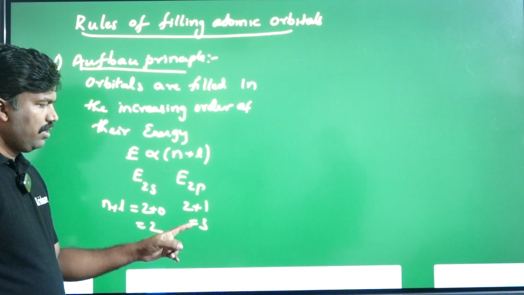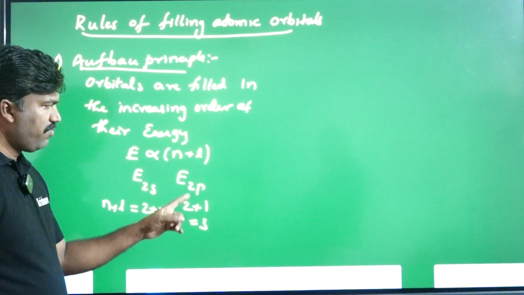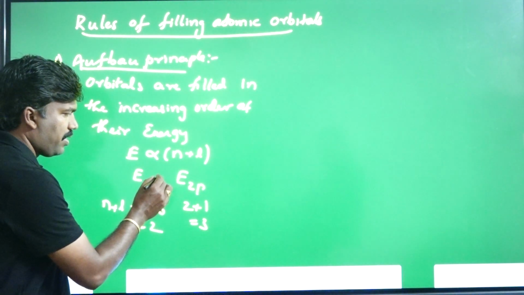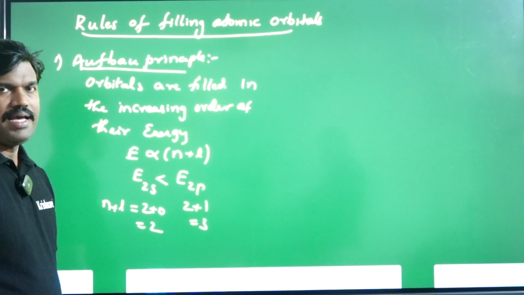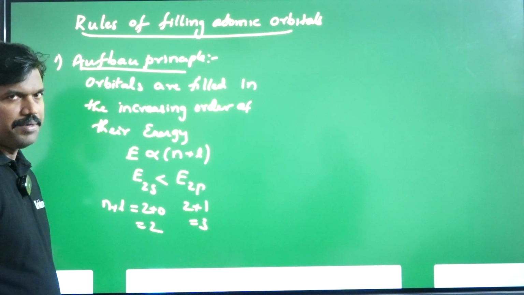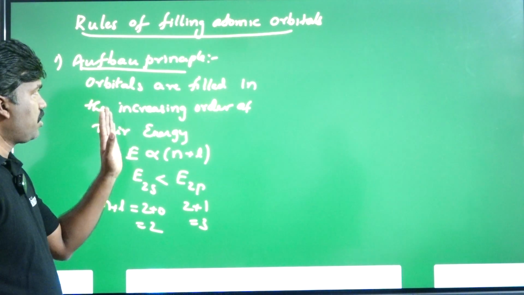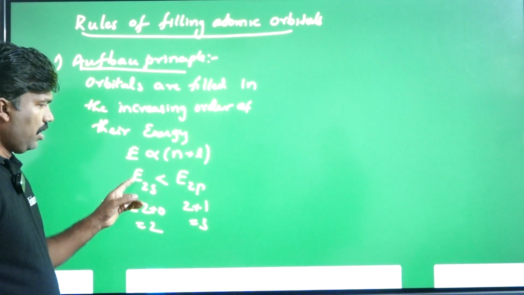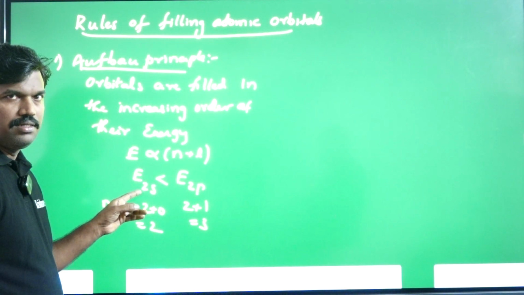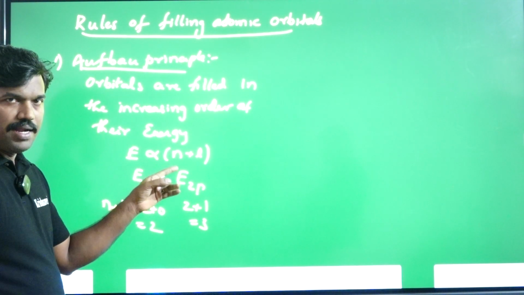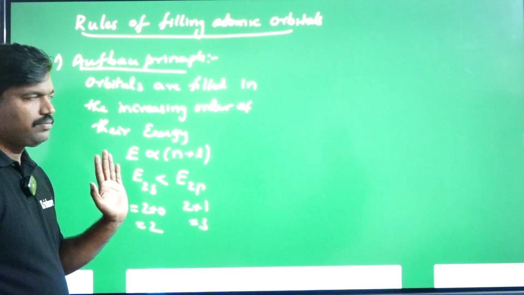So we get more n plus l for 2p orbital. That's why 2p has greater energy than 2s orbital. So according to Aufbau principle, 2s orbital is filled first. Then only electron will enter into 2p orbital.